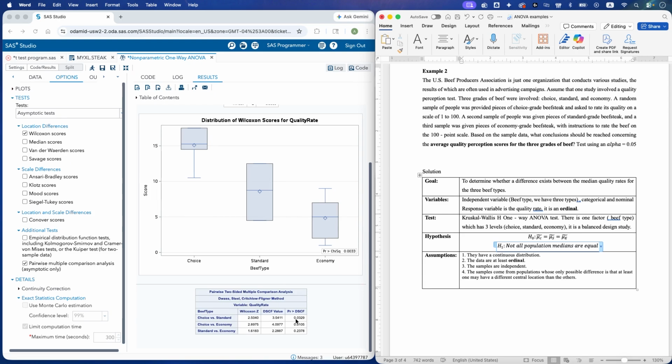Yes, we do, because we reject the null hypothesis: 0.03, which is less than 0.05. We do have a statistically significant difference between the median of the choice and the standard. We do have a statistically significant difference between choice and economy. However, we do not have a statistically significant difference between standard and economy.